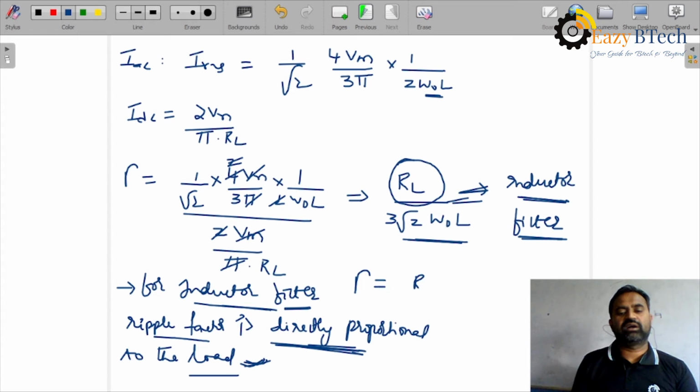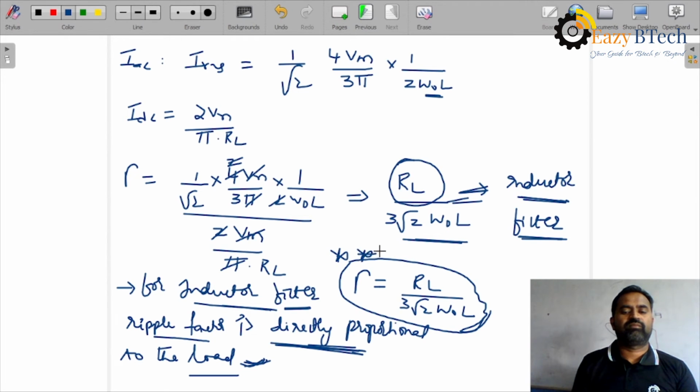Remember, this is RL by 3 root 2 omega naught L. Okay students, this is the inductor filter ripple factor. Suppose in the examination they may ask similar problems. We will discuss them in one session as problem descriptions.